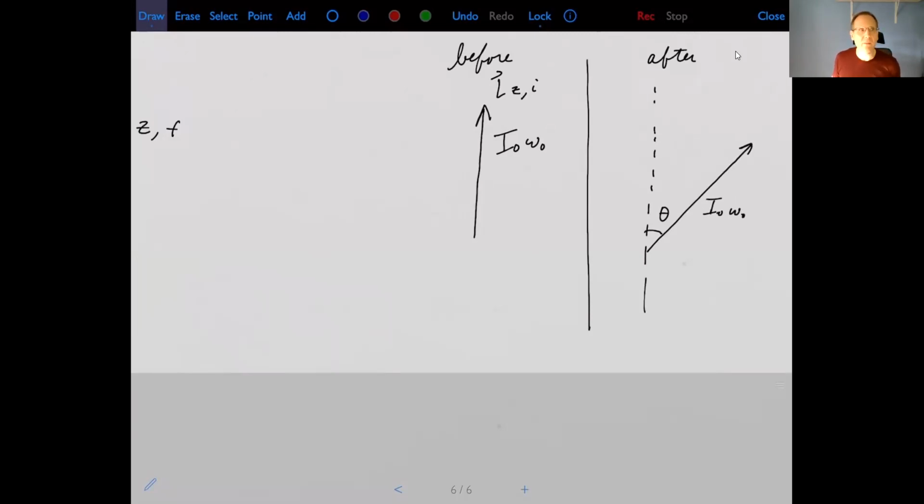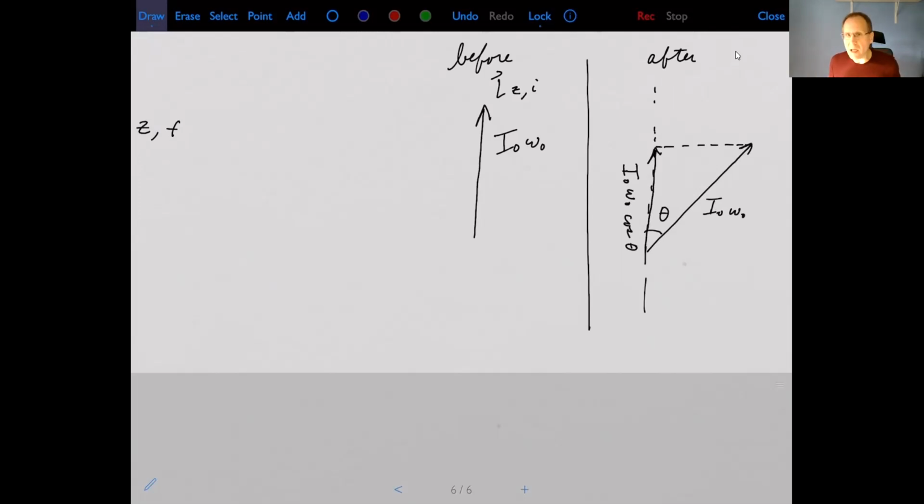Remember, we only care about the angular momentum about the z-axis in the vertical direction. So what part of it is in the vertical direction? Well, it's this component, if I project that onto here. So now this is going to be I naught omega naught times cosine of the angle theta.